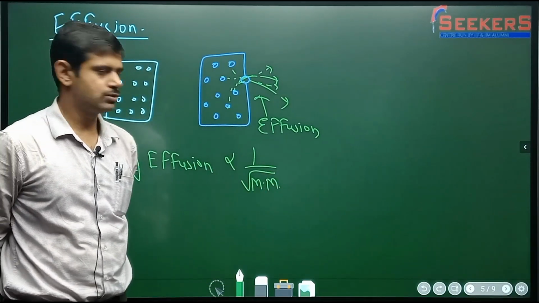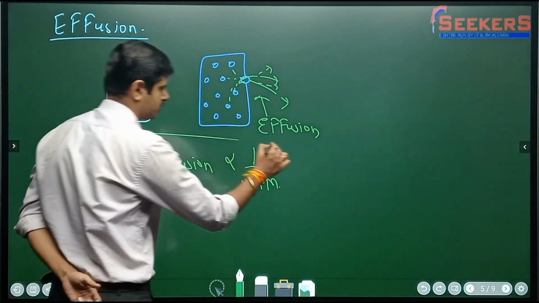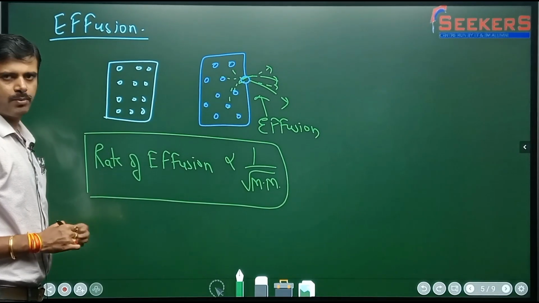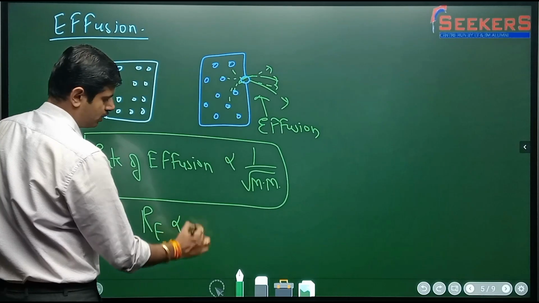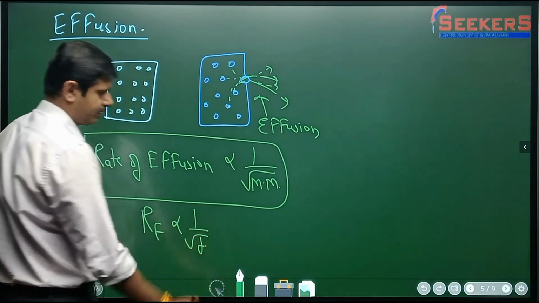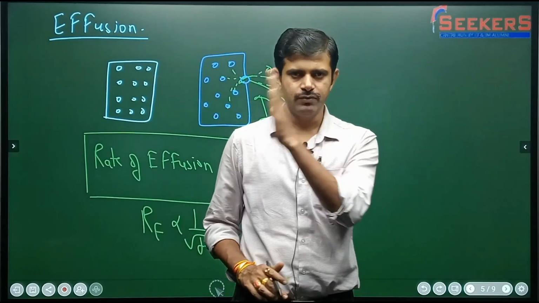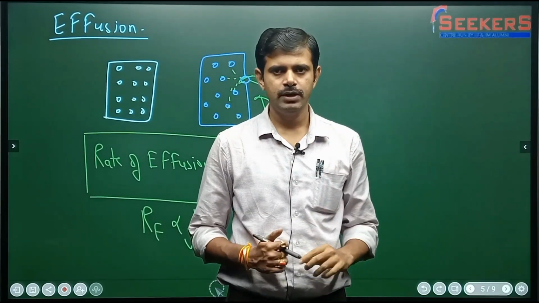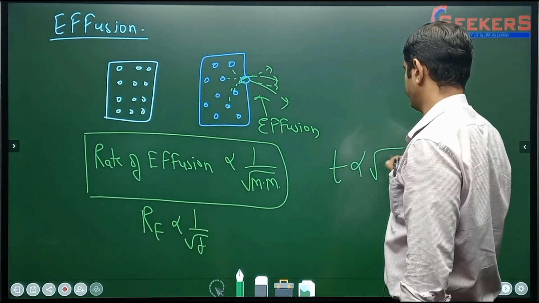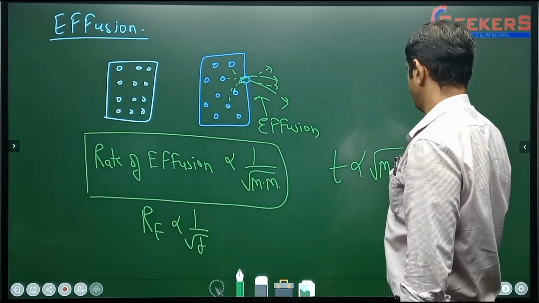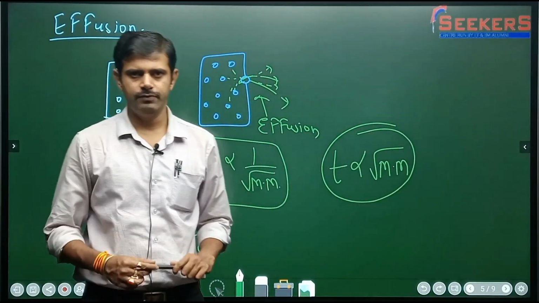Rate of effusion is also inversely proportional to root of density. Whatever formulas we have used in diffusion, the same formulas will be used in effusion. Time of effusion will also be directly proportional to root of molecular mass.